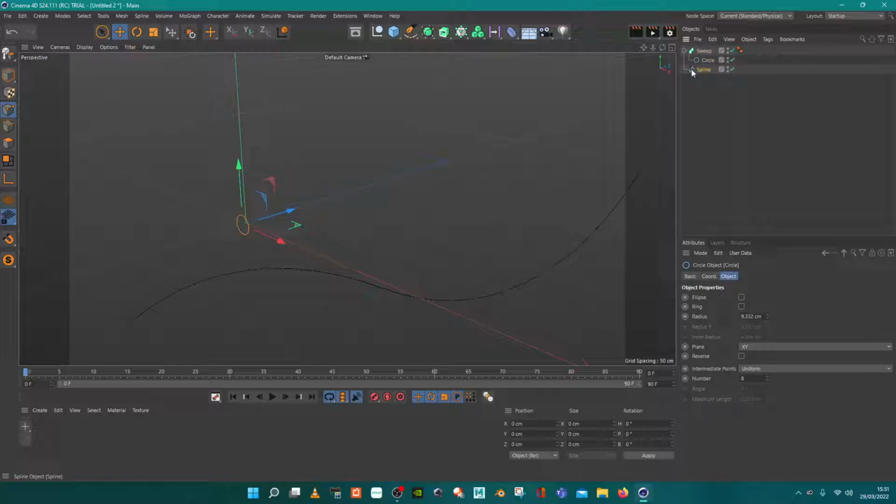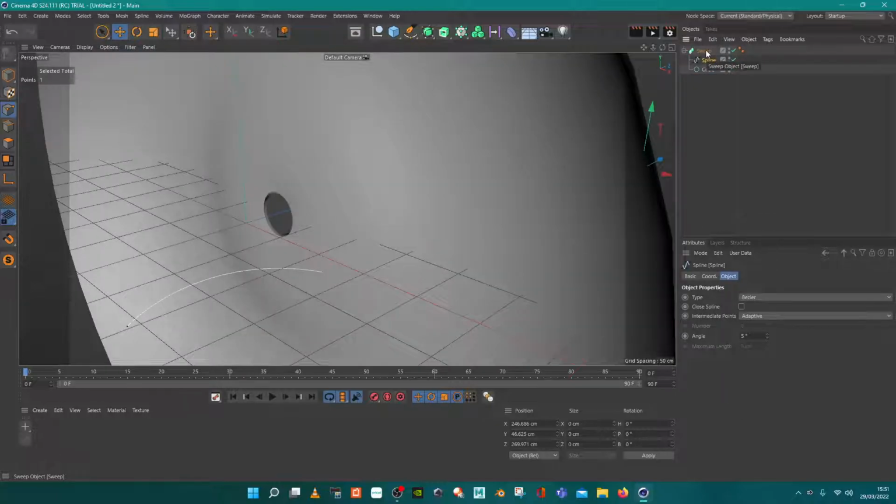And then you take the spline and you do the same. You put it under the sweep and you put it above the circle.